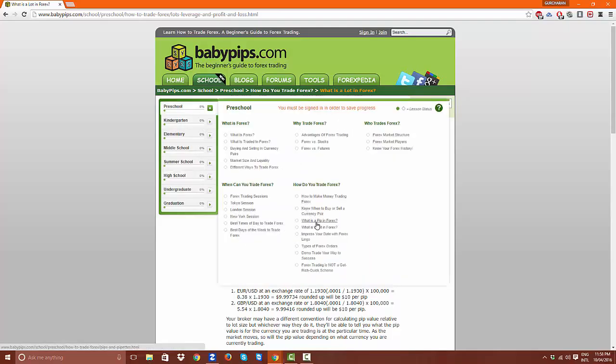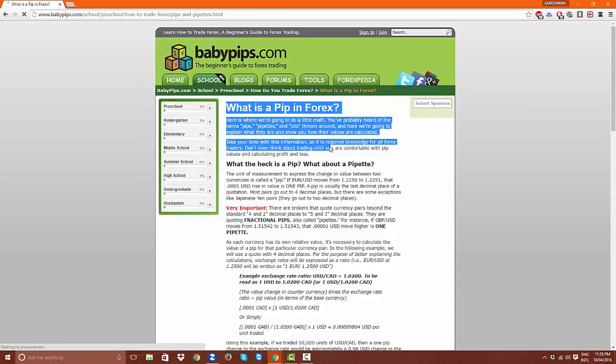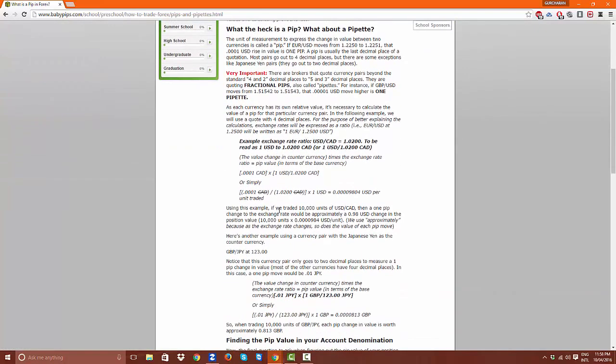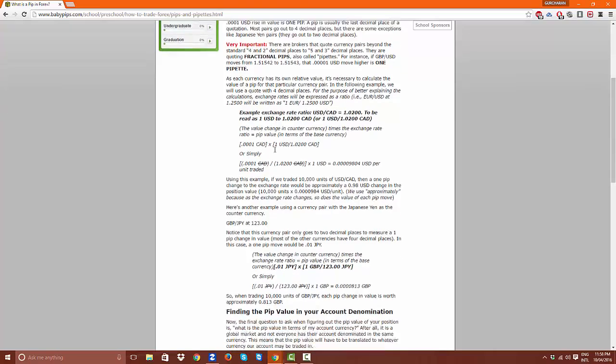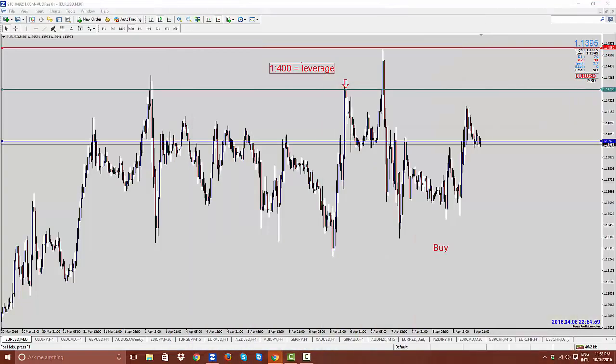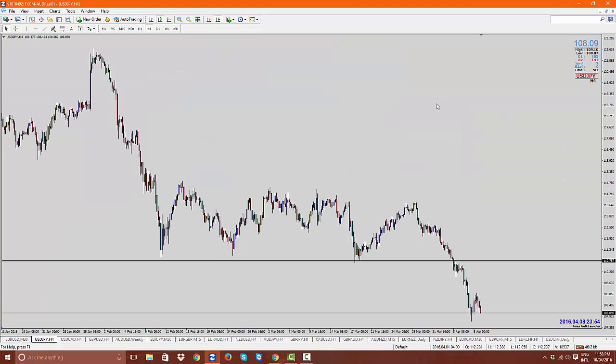However, in your spare time, I suggest you read from this: what is a pip? You see, all the US currency pairs are valued in a different way than the Japanese pairs. For example, the US pairs will have five digits at the back, while all the Japanese pairs will just have three.